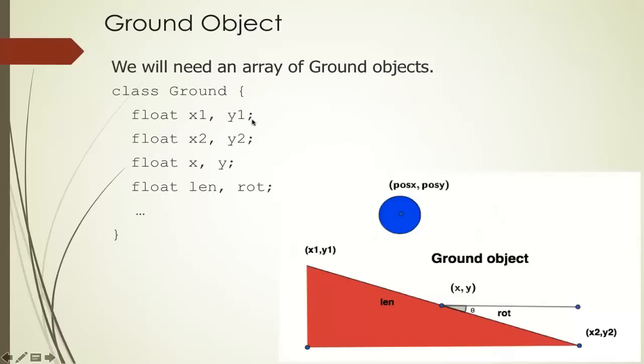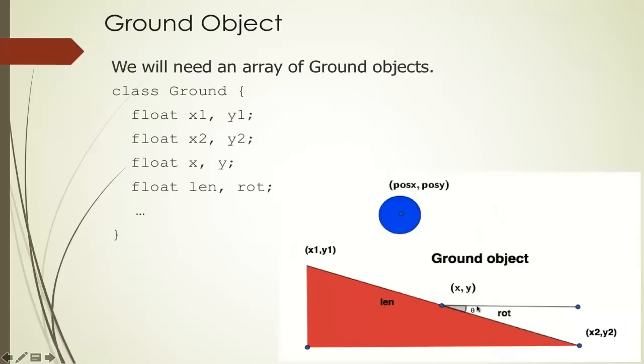It has x1, y1, which is the top left corner of the ground segment. x2, y2 is the point on the right side of the ground segment. x, y is the center of the ground, which is just the midpoint of the endpoints, so that can be calculated easily. And then length is the length of the segment, and rotation is the angle of the incline. So it's just this angle right here.